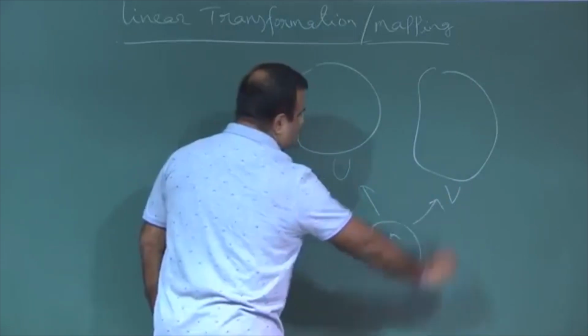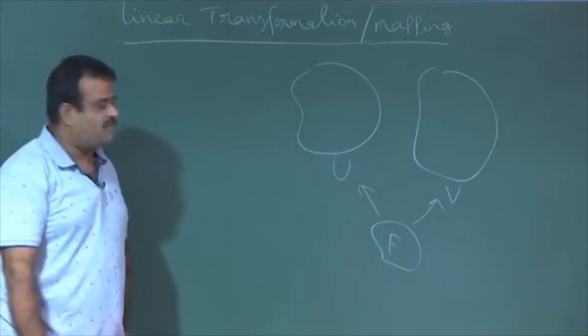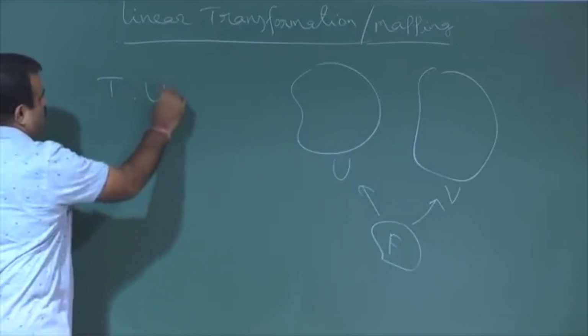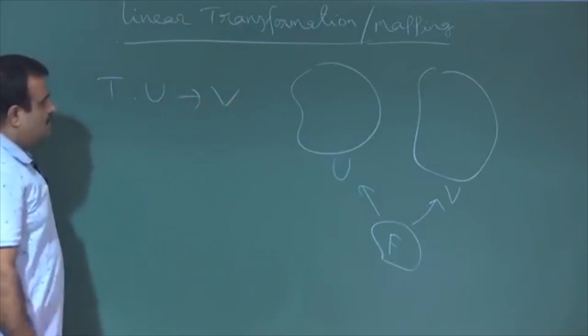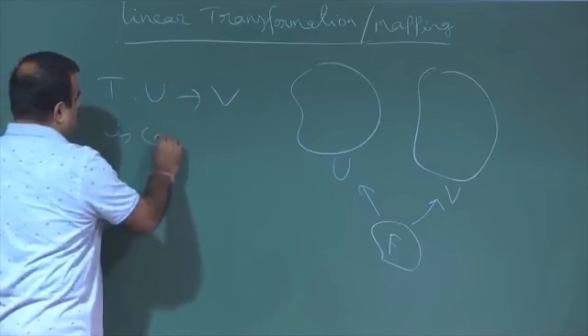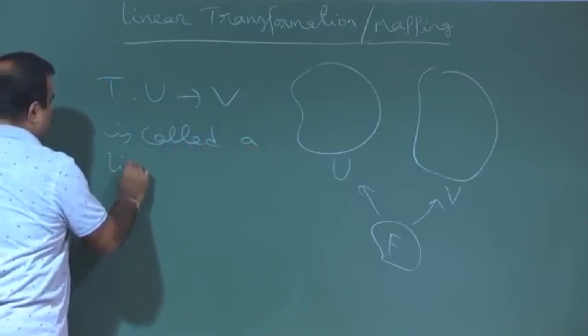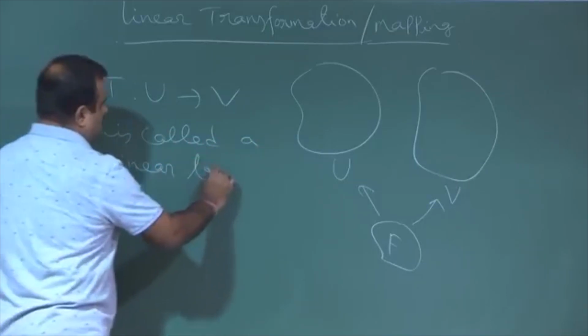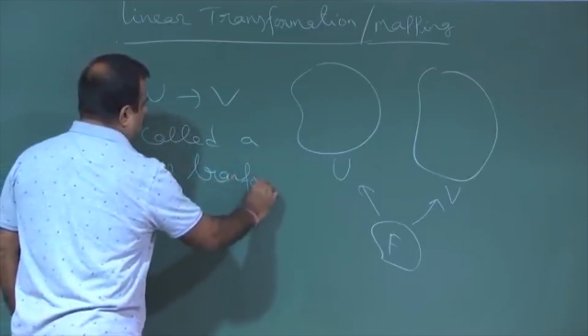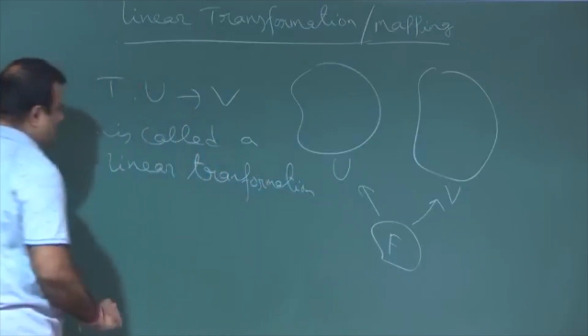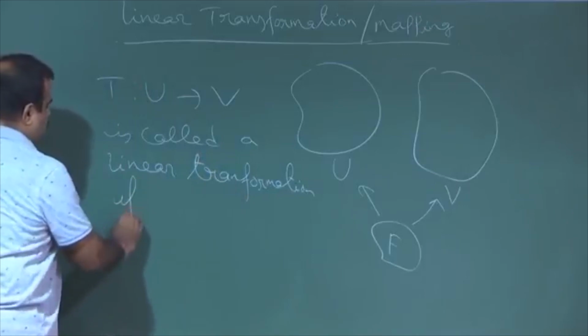U and V are two vector spaces over the same field, and a mapping from U to V is called a linear mapping or linear transformation if the following conditions are satisfied.